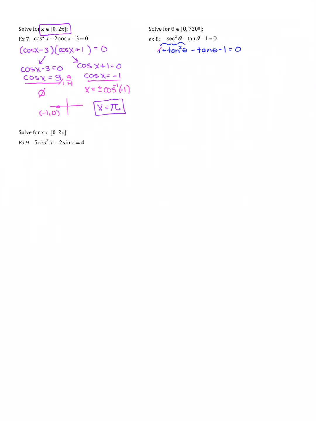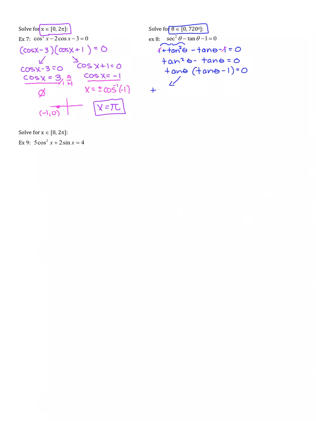So very nicely, my 1's will cancel. And so I have tangent squared minus tangent equals 0. And I can factor out the tangent. So I have minus 1 equals 0. Also, I should have mentioned this before I even started. Yay, we're in degrees. Degrees are just so much easier.